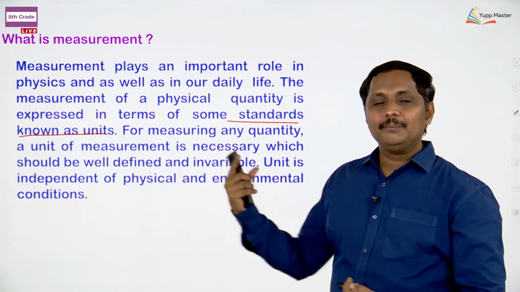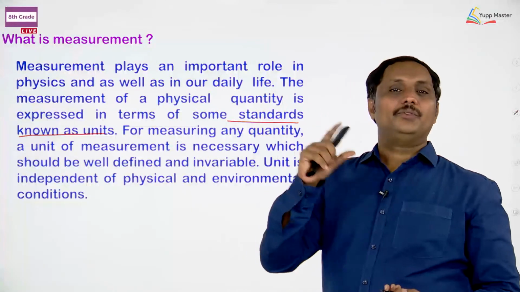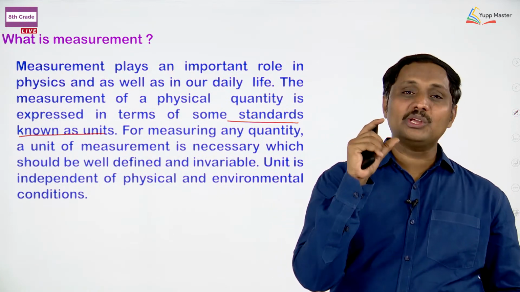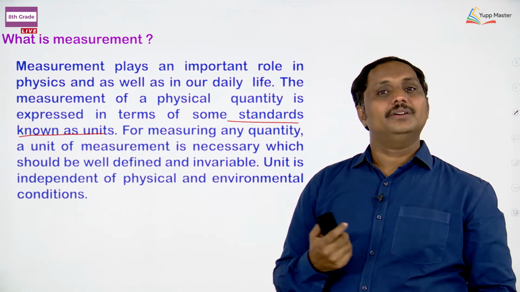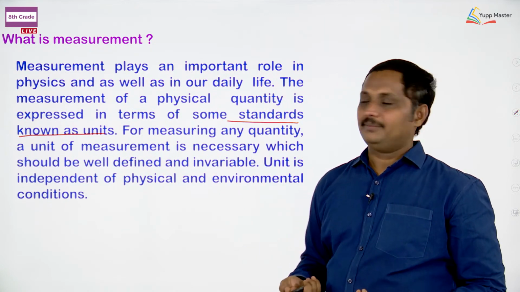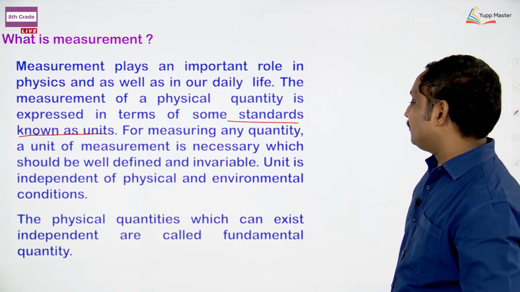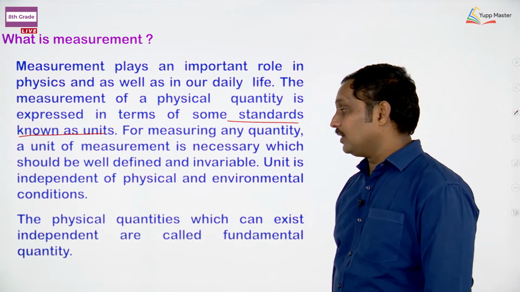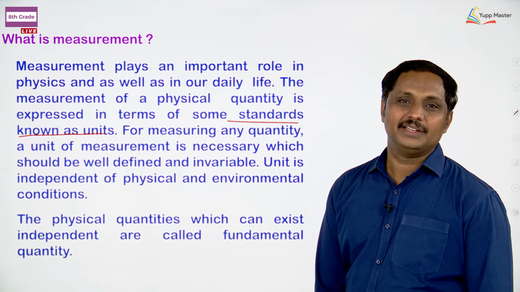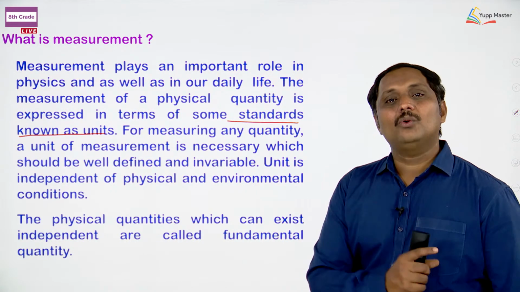At any place, at different places also, if you take that unique, standard unit, its value is going to be the same anywhere, right? Physical quantities which can exist independently are called fundamental quantities.